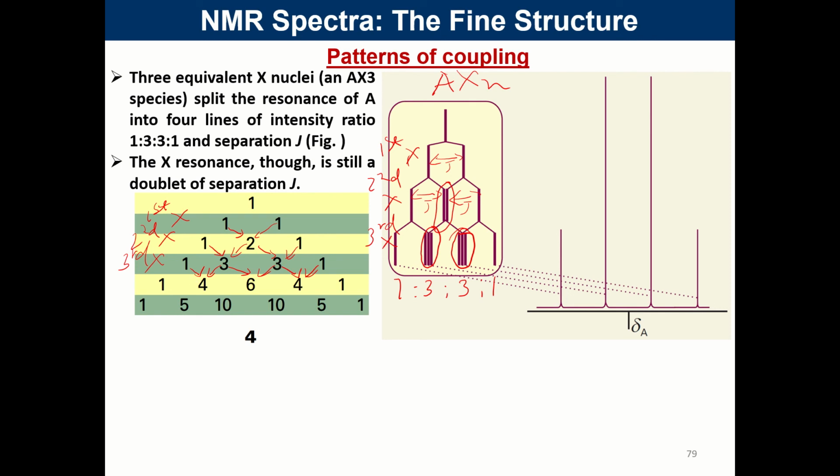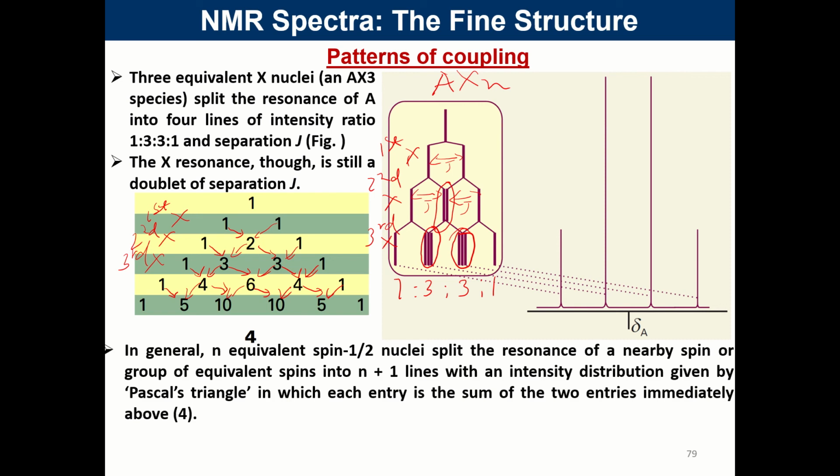As you go on increasing the number of X in an AXN type of interactive system, this is how it goes. 4 plus 1 is 5, 4 plus 6 is 10, 6 plus 4 is 10, 5, and 4 plus 1 is 5. So this is a pattern which you can easily make with this kind of triangle, which is called Pascal's triangle. Every entry is the sum of the two entries immediately above it.